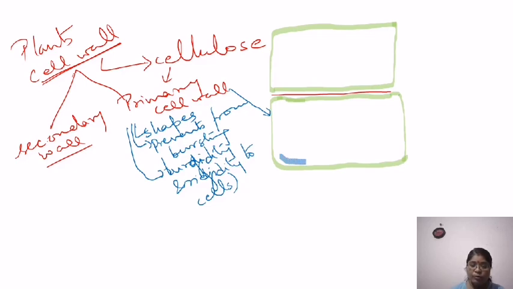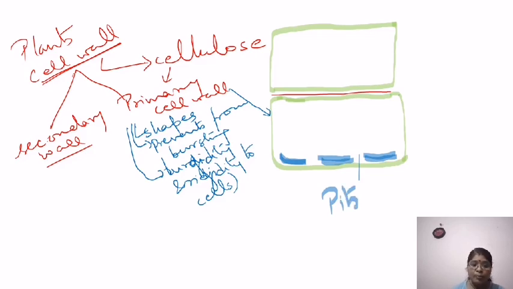Like you must have heard about lignin getting deposited in the case of your xylem. This layer is quite thick. It could be suberin deposition, it could be lignin deposition, and the areas where they are not deposited create areas called pits.